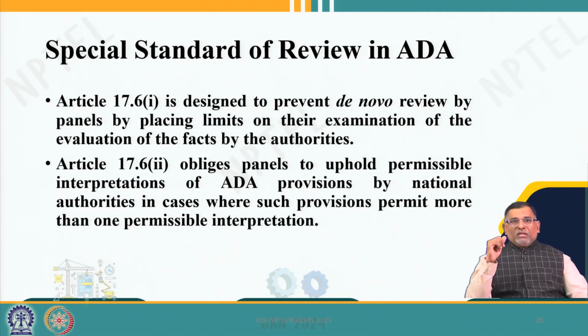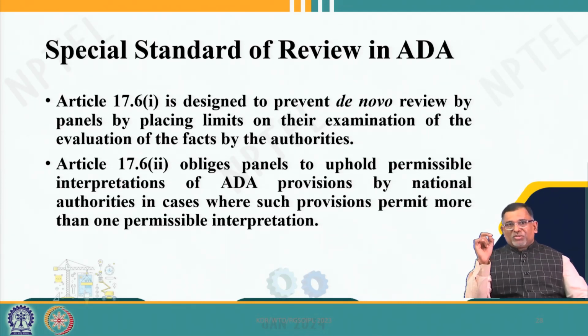Article 17, which talks about the special standard of review in anti-dumping agreements. So, it says that a de novo review by panels is ruled out, placing limits on their examination of the evaluation of the facts by the authorities. That means Article 17(6) obliges the panels to uphold permissible interpretations of anti-dumping provisions by national authorities in cases where such provisions permit more than one permissible interpretation.